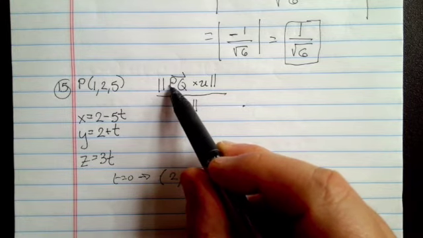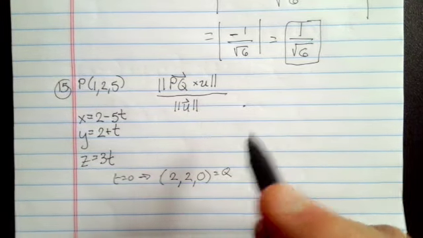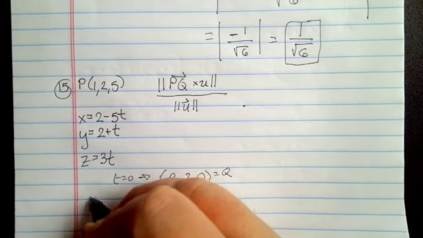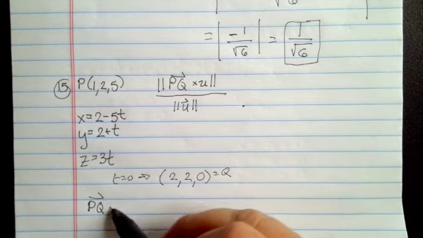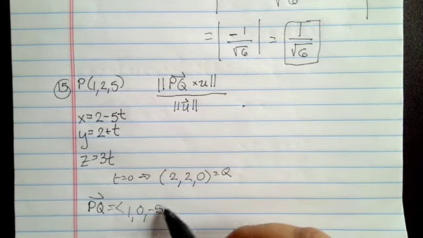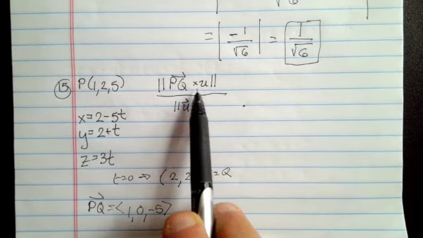And then we need the vector from P to Q, or from Q to P, whichever you happen to find is okay. So how about we go from P to Q? So from P to Q, we get the vector 1, 0, minus 5. So that's that vector. Now we need to take the cross product of this vector with the vector u.